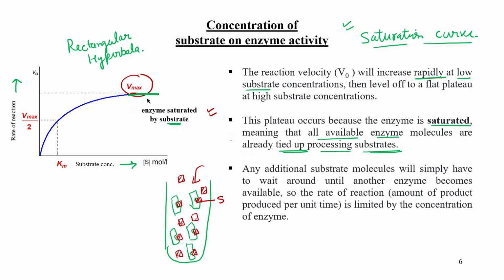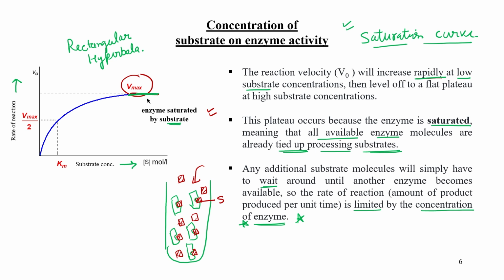If at this point we continuously add substrate, any additional substrate molecule will simply have to wait around until another enzyme becomes available. So the rate of reaction is limited by the concentration of enzyme. That's why there is a stationary phase here. Another substrate molecule has to wait until the enzyme gets free from the previous substrate and converts that substrate into product.